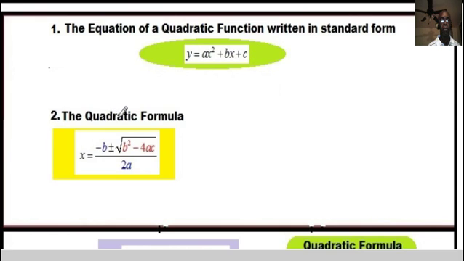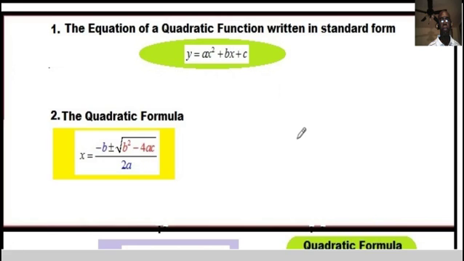Now let us look at the quadratic formula. What is the quadratic formula? The quadratic formula is basically a formula used to solve a quadratic equation. It tells us that if you have a quadratic equation of the form y equals ax squared plus bx plus c, then you can solve for x by using the formula x equals minus b plus or minus the square root of b squared minus 4 times a times c, all divided by 2 times a.